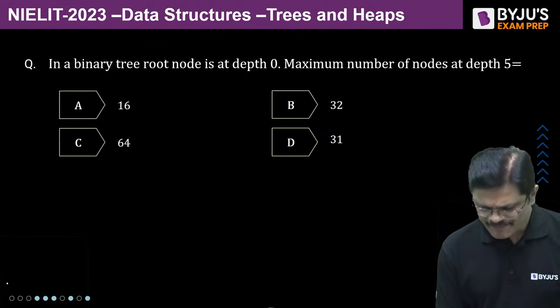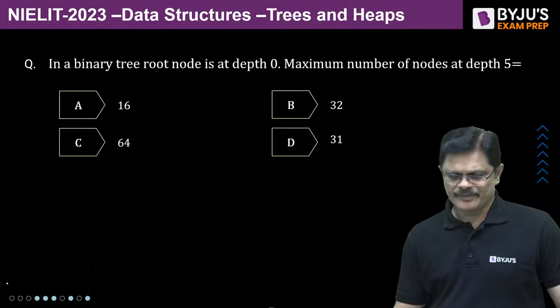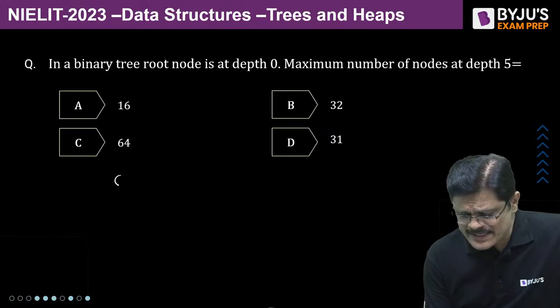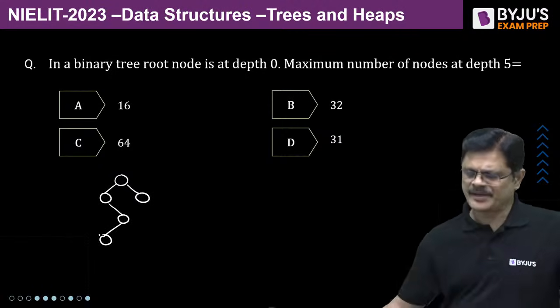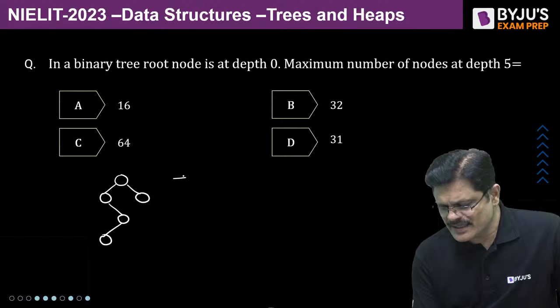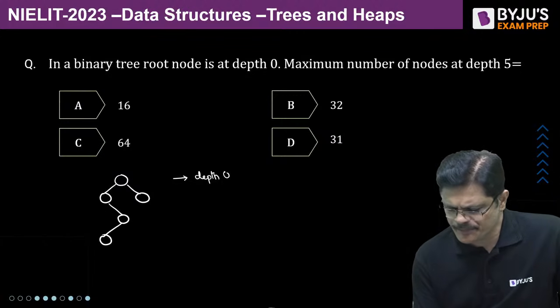So when you are having a particular binary tree, see here a simple example of a binary tree. Here we call this depth 0. So the root node is at depth 0.